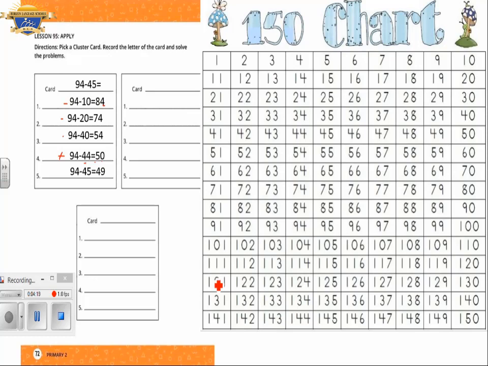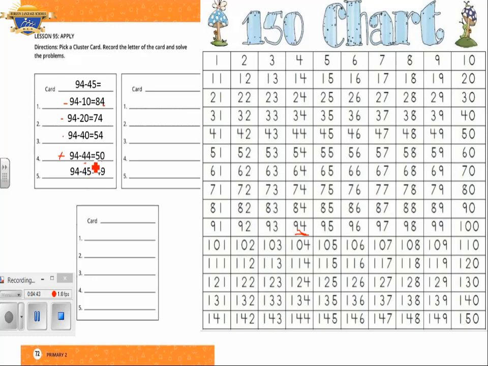How can I solve this one? If you notice that 94 minus 44 equals 50, right? 94 is here in the chart, and I will count back 44 steps.